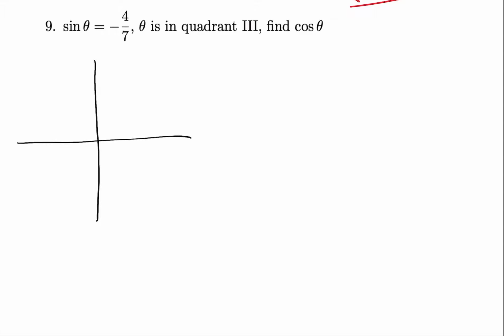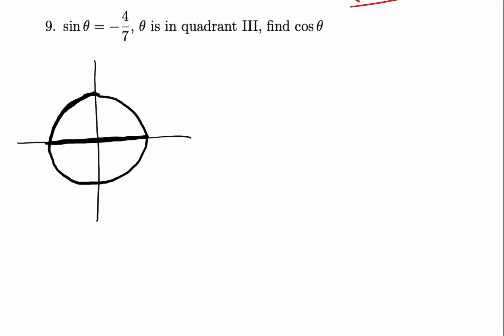Okay. So that means we have a circle. Again, sine measures the vertical distance from the horizontal diameter using radius length as a unit. So we divide by radius length. So here we have a radius of 7.